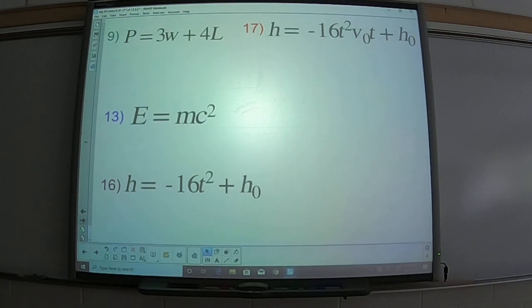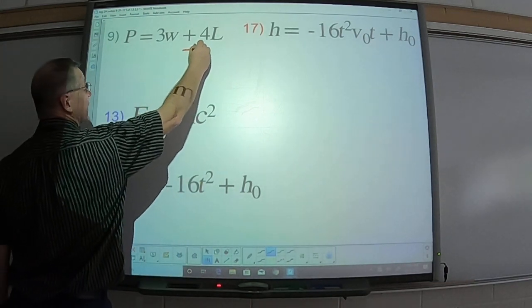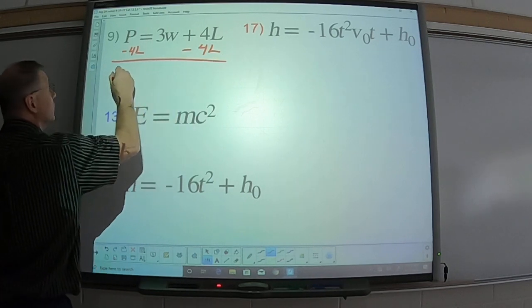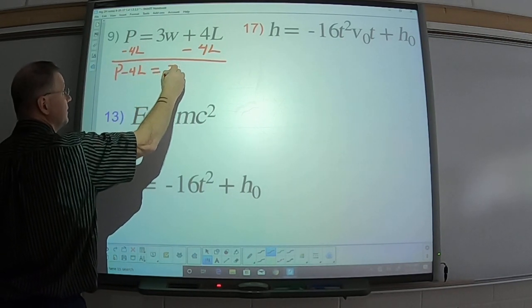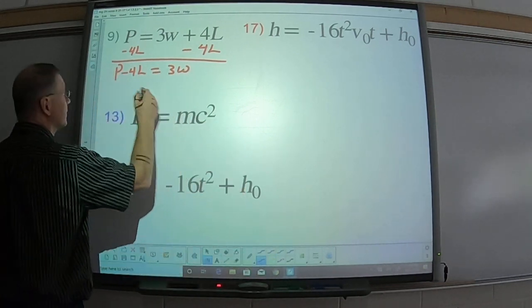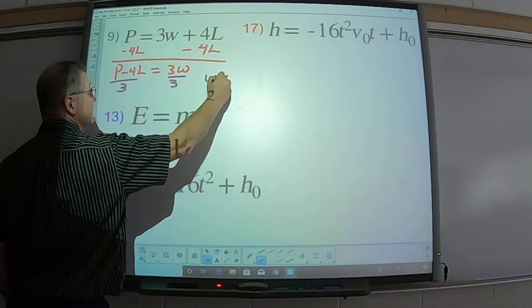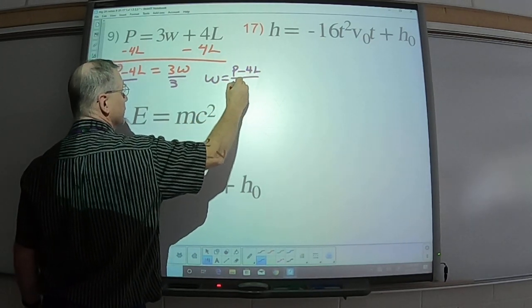In the first one, number 9, we are solving for W. So I'm going to subtract 4L from both sides. So P minus 4L equals 3W. And then we're going to divide both sides by 3. So W ends up equaling P minus 4L over 3.